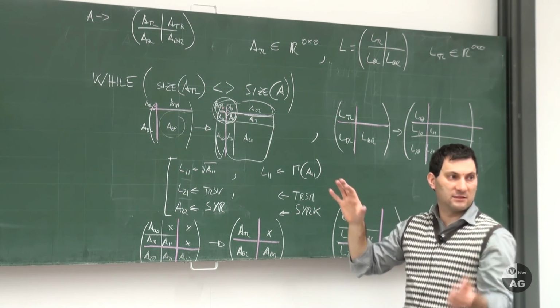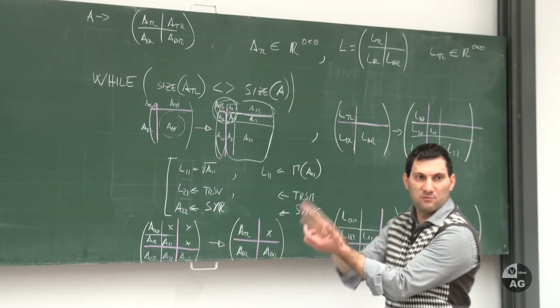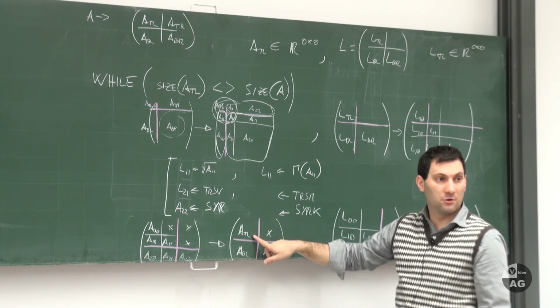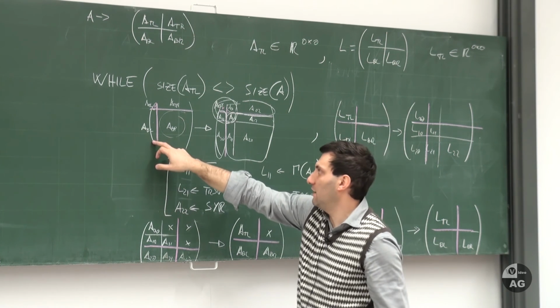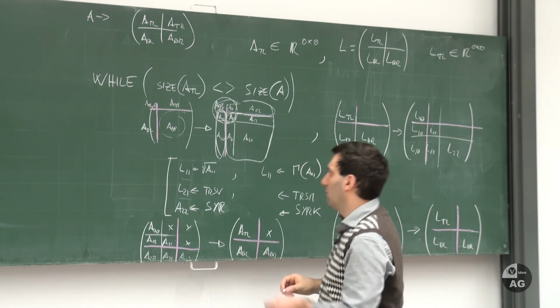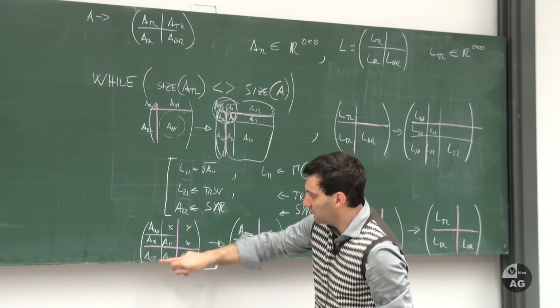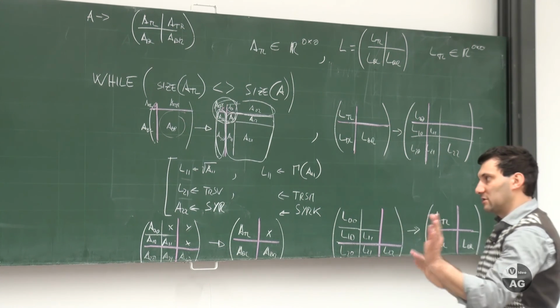Basically, top left has just acquired A11, A10, has been padded and has grown. A bottom left, which was all of these objects here, now has become A20 and A21. So it has gained a new column.